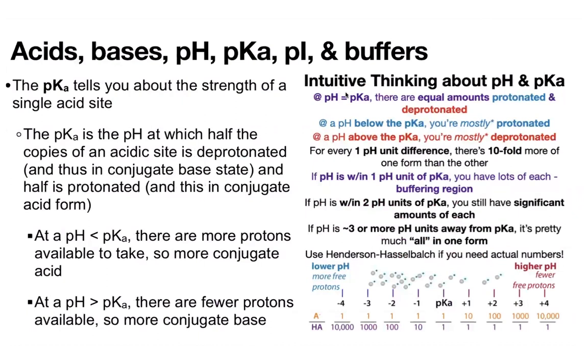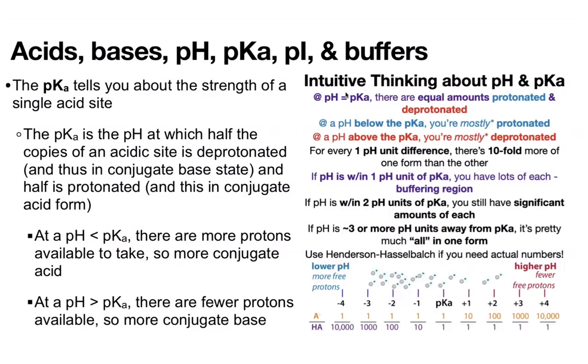And remember that basically for every pH unit change, you get a 10-fold increase or decrease in the amount of protons. So if you go up 1 pH unit, then you're going to have 10 times fewer protons available. If you go down 1 pH unit, then you're going to have 10 times more protons available.